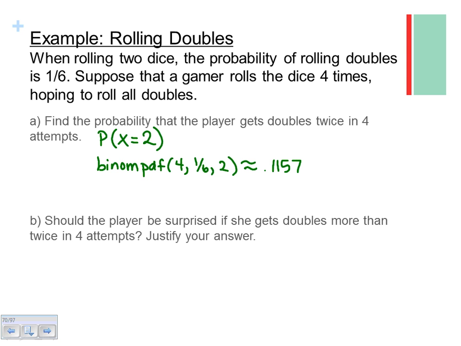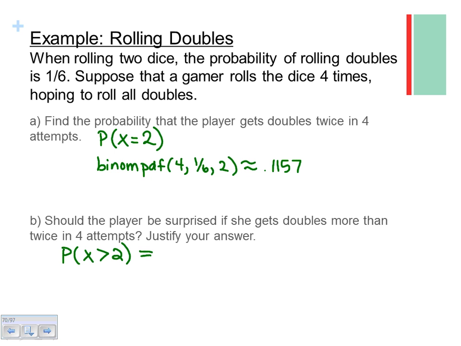So part B says, should the player be surprised if she gets doubles more than twice in 4 attempts? Well, let's see what that probability would be, and then we can tell her if she should be surprised or not. So I'm looking for the probability of more than twice. So let's think about that complement rule.